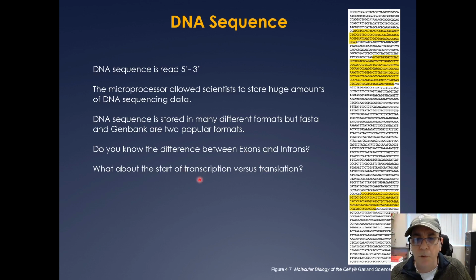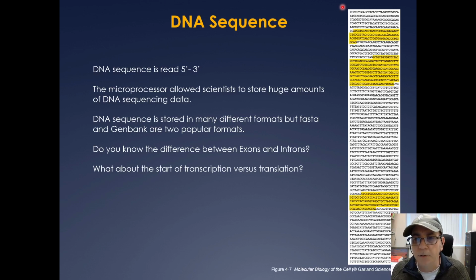Another thing that's really important is understanding the difference between the start of transcription and the start of translation. Okay, translation starts at the AUG codon, right? If it's read here, it's ATG, but when the mRNA is being translated, it's AUG, okay? The start of transcription usually occurs upstream of that, okay? And messenger RNA transcripts have what are called UTRs on the ends of them, right?